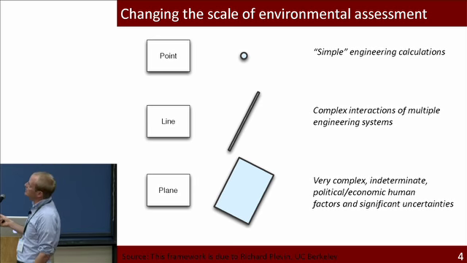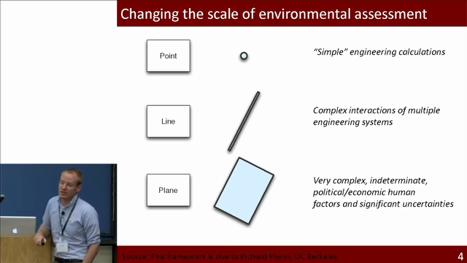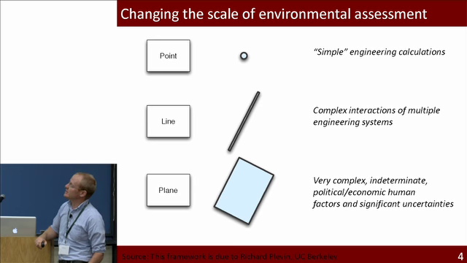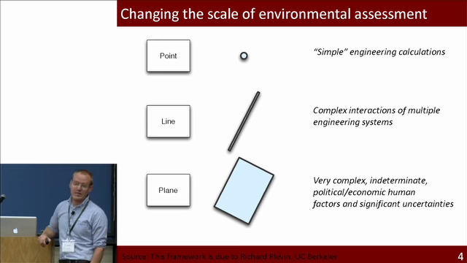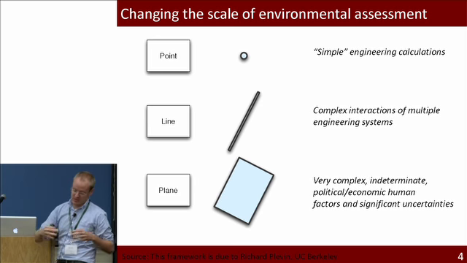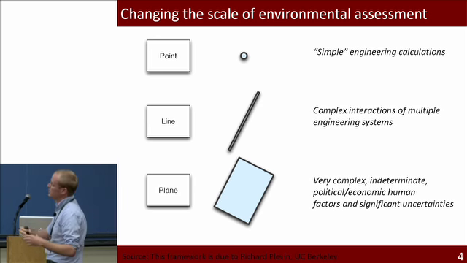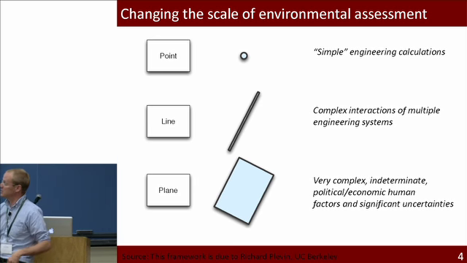He describes simple traditional engineering calculations of emissions from a process as being point emissions. He then describes how you can take this point and stretch it out and think about complex interactions of multiple processes or multiple engineered systems. So you're moving from a zero-dimensional point to a one-dimensional line.